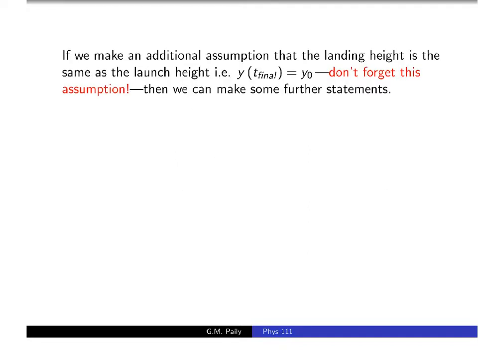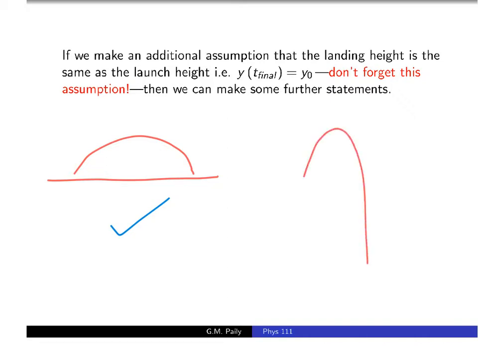Now, if in addition to all of this, we make an additional assumption that the landing height is the same as the launch height, in other words, a situation like this but not like this or this.